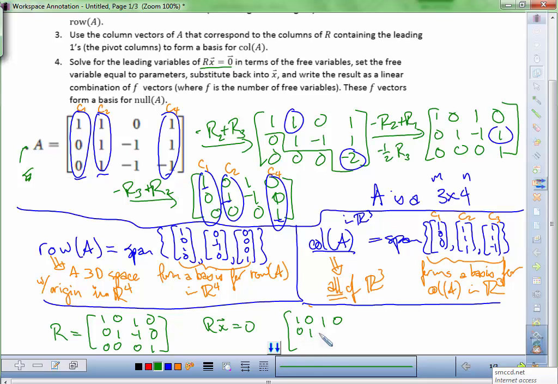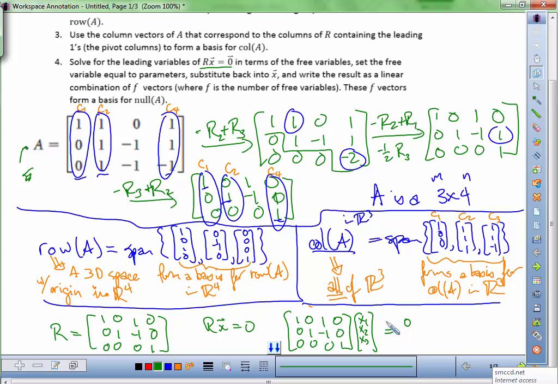That looks like this. Now, before I fill it out, how many elements should I have in this x vector? 3 or 4? x1, x2, x3.